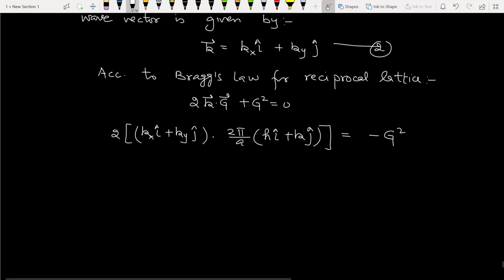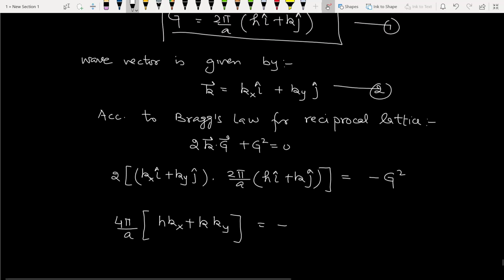When we solve this, it will be 4 pi by a (h kx plus k ky) equal to minus G square.